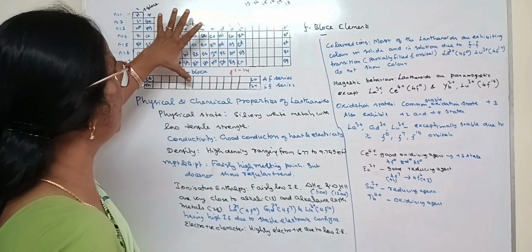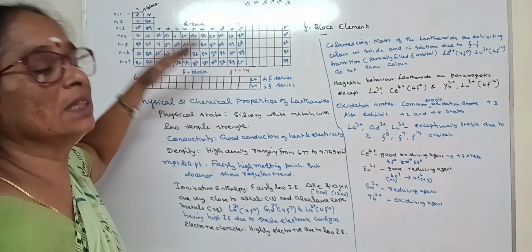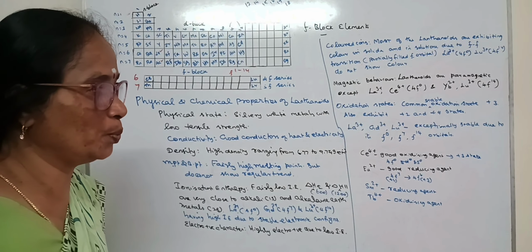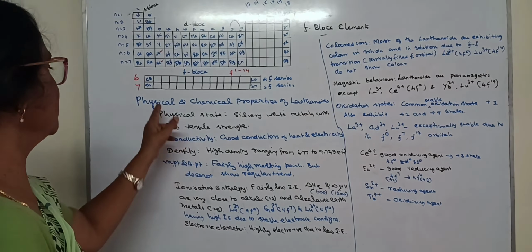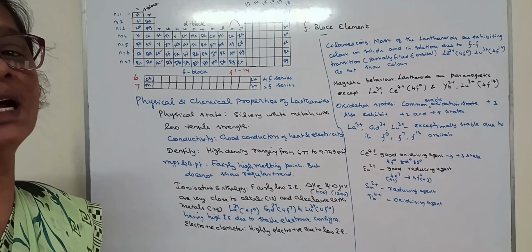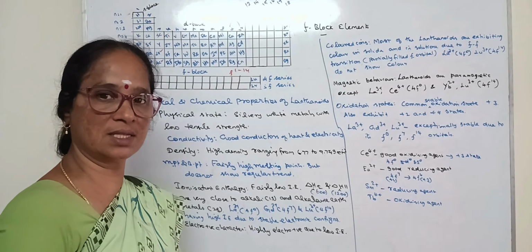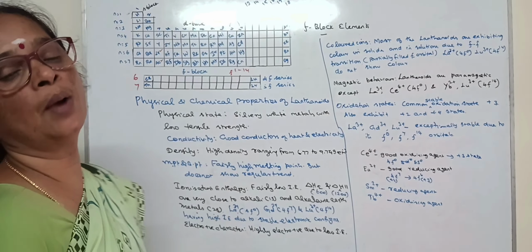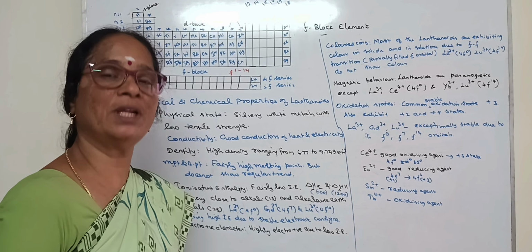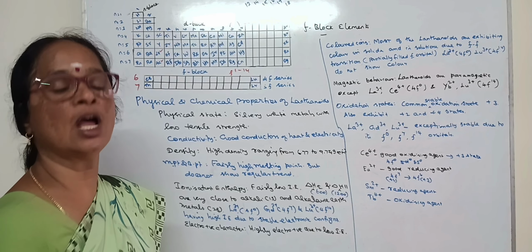So the properties of elements do not show the same trend both in period as well as in group. Let us discuss the physical and chemical properties of lanthanides. We know well, lanthanides and actinides are placed just below the periodic table. So their properties will also change according to their position.